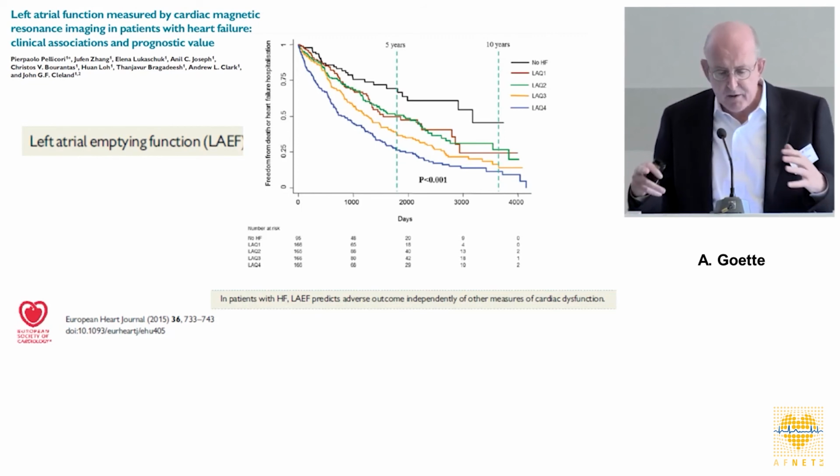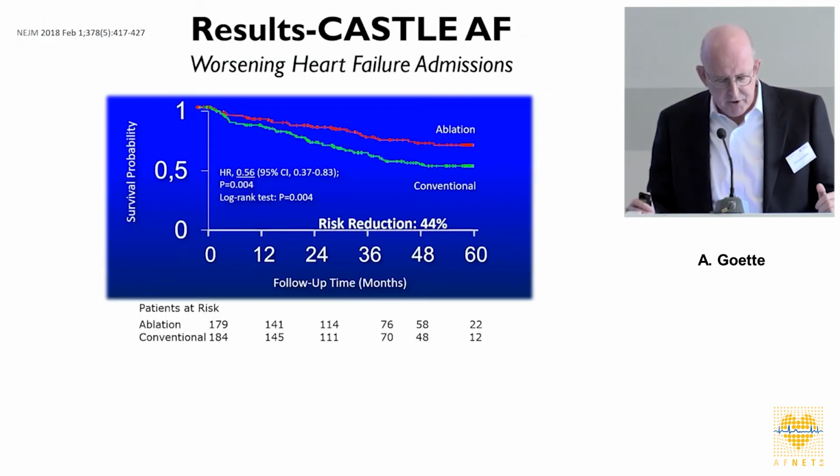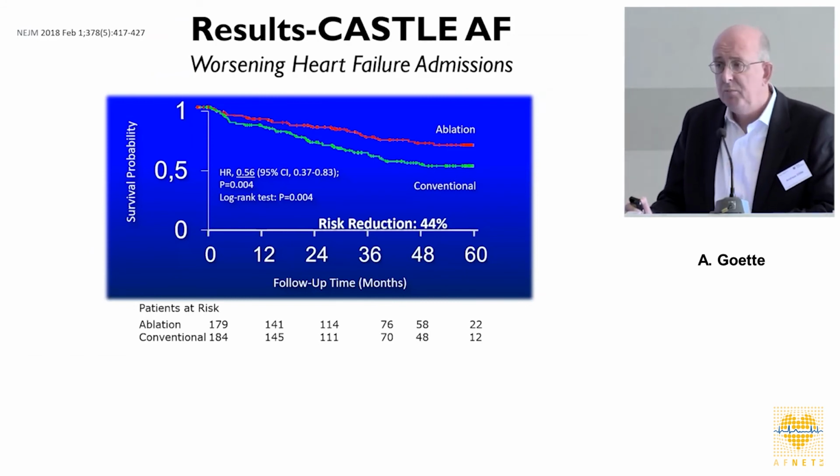For that reason, I think it might be very interesting to focus on the whole appearance of the atria and the atrial function. And of course, in heart failure in particular, because we have results from the CASTLE-AF trial. They were highlighted this morning already, that catheter ablation might be a very interesting way to go.